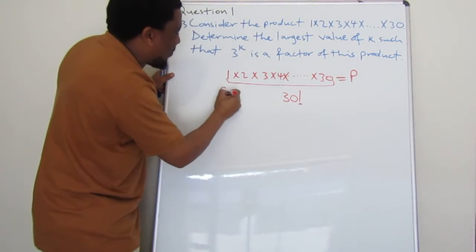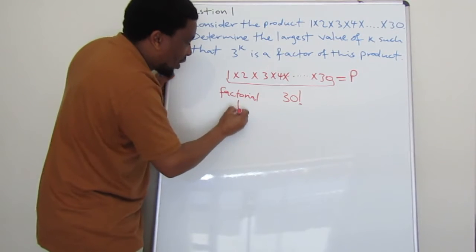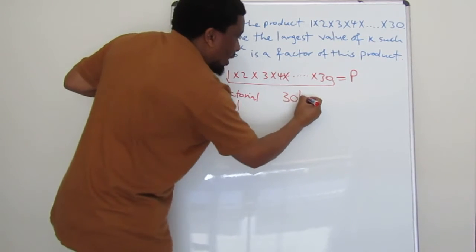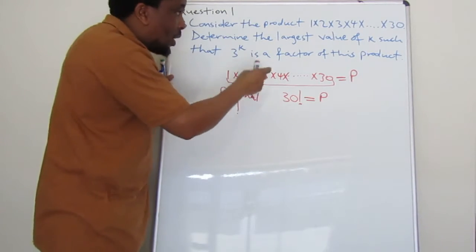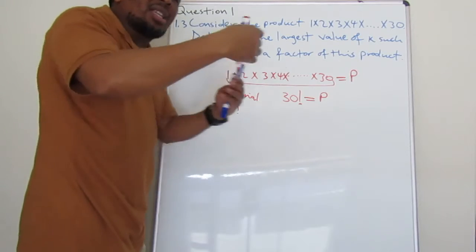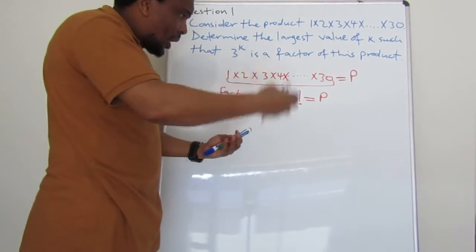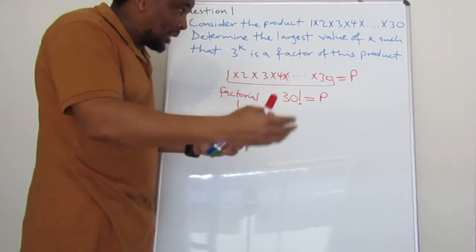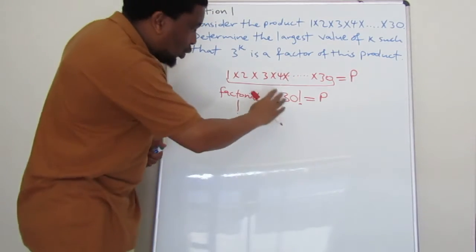We write a factorial like this: 30 factorial, which is equal to our P. There are different methods that one can use. I'll show you the first method and maybe the two other methods later.